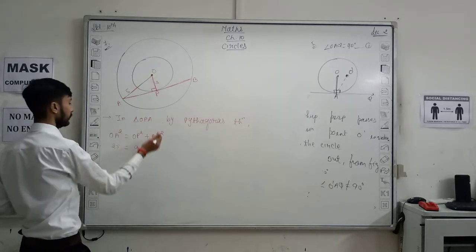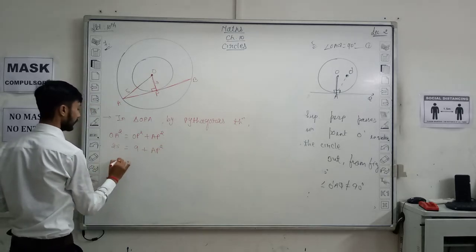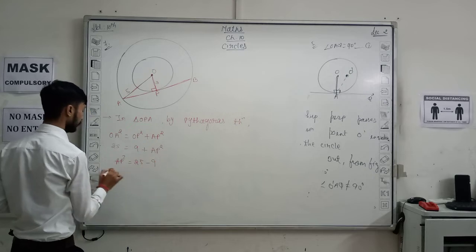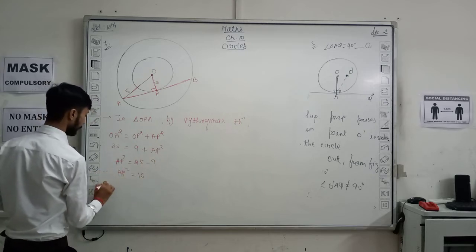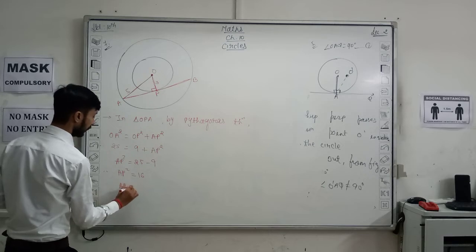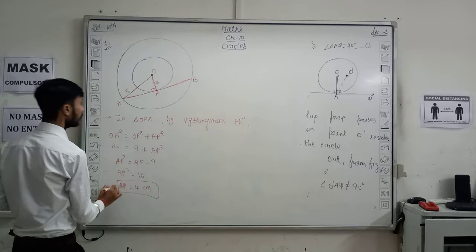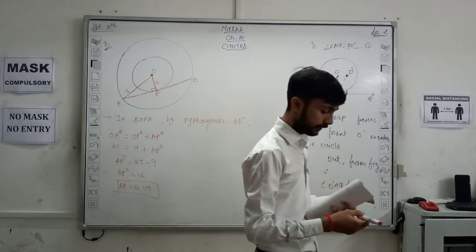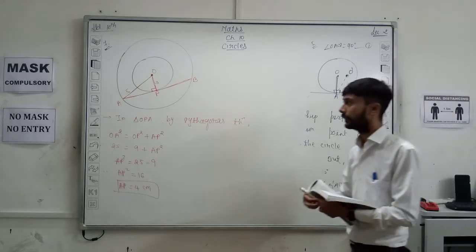AP square we don't have. Therefore AP square equals 25 minus 9, so AP square equals 16. Therefore AP equals 4 centimeters, because 5 and 3 are also in centimeters. So here you got AP as 4 centimeters.